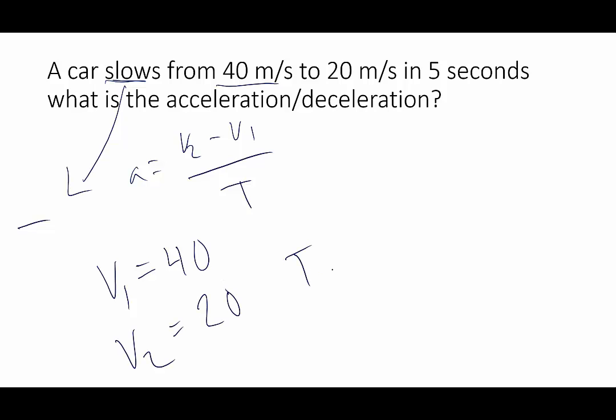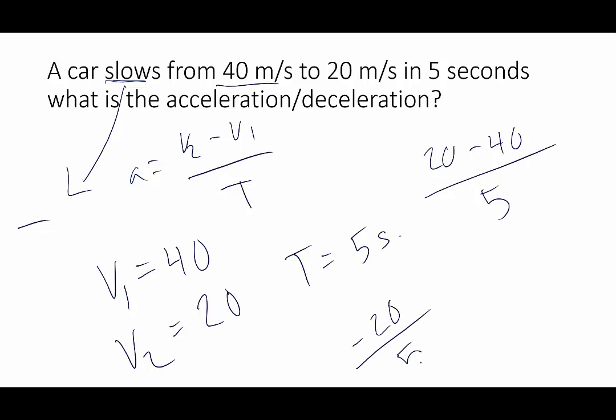And our time is 5 seconds. All right, so 20 minus 40 over 5. So 20 minus 40 equals negative 20 over 5. Our acceleration equals negative 4 meters per second squared.